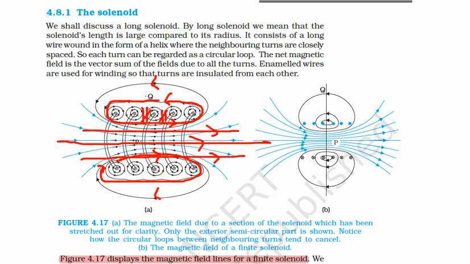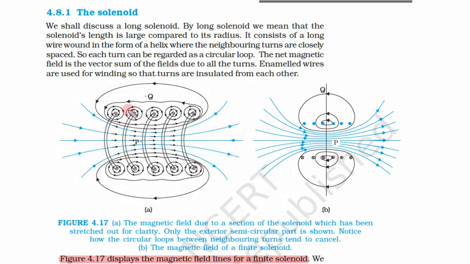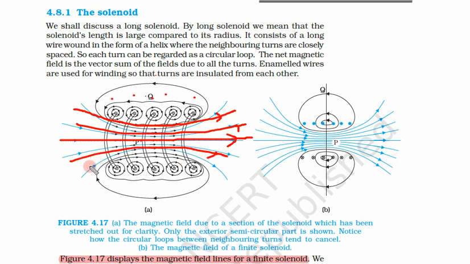But one important thing you can see here: we have taken only 5 turns. Even with these 5 turns, the field inside is very strong, but the field outside is very weak.